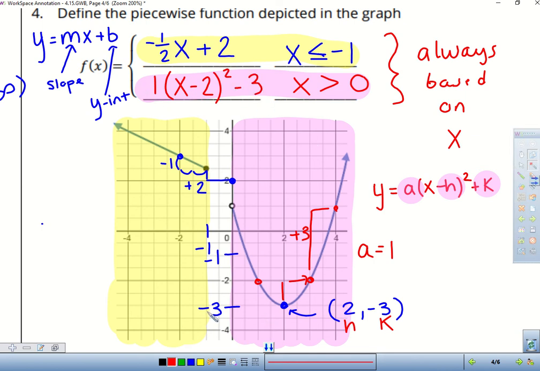You don't need to put the 1 there. 1's not necessary. I just put it to help you understand where it came from. Okay? So do we have any questions about number 4? And remember, you always have Desmos to help you check your graphs, right? At least the portions, and make sure they're good. All right.